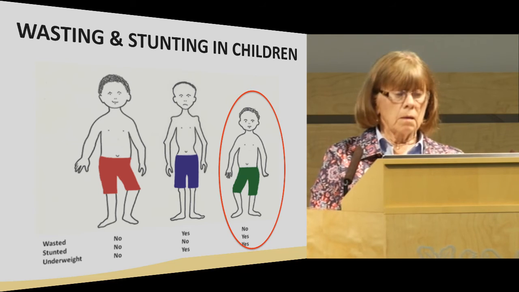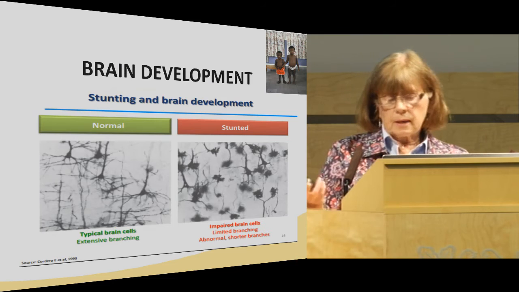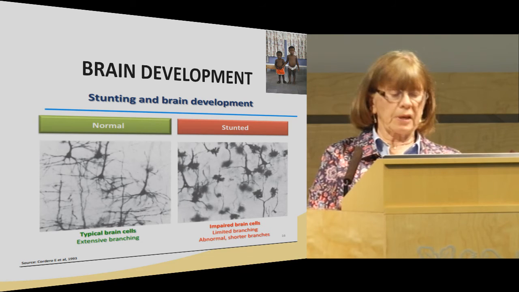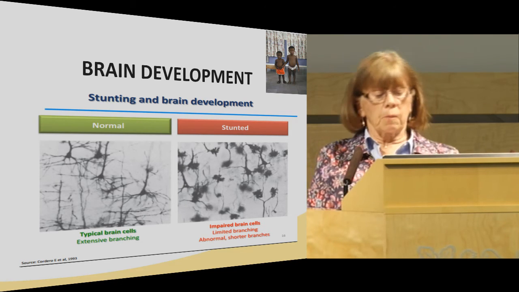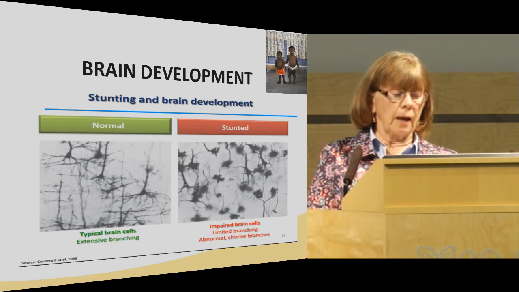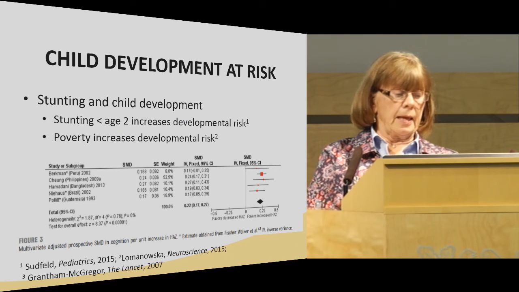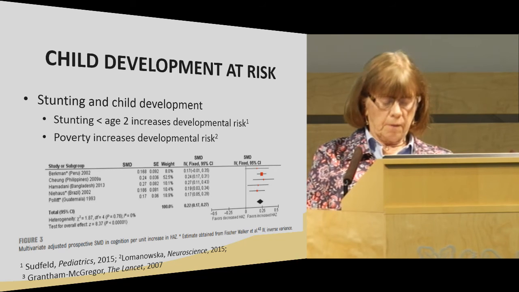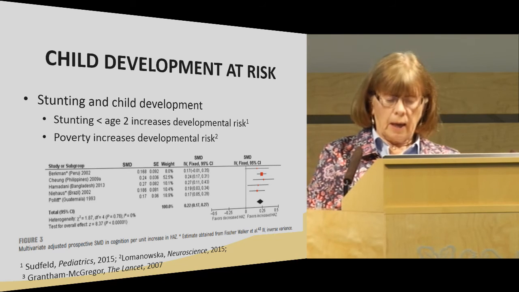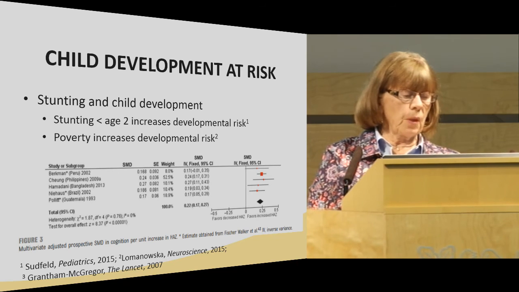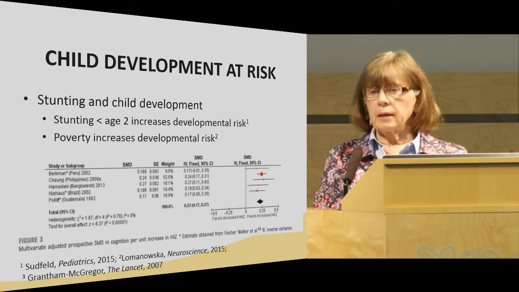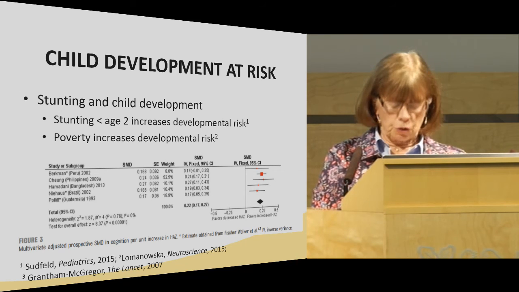undernutrition. So what we see, this is allegedly a picture of brain development, impaired brain cells, in the child who is stunted. These are some recent data, a meta-analysis by Sudfeld, and they did a meta-analysis of both cross-sectional and longitudinal studies.